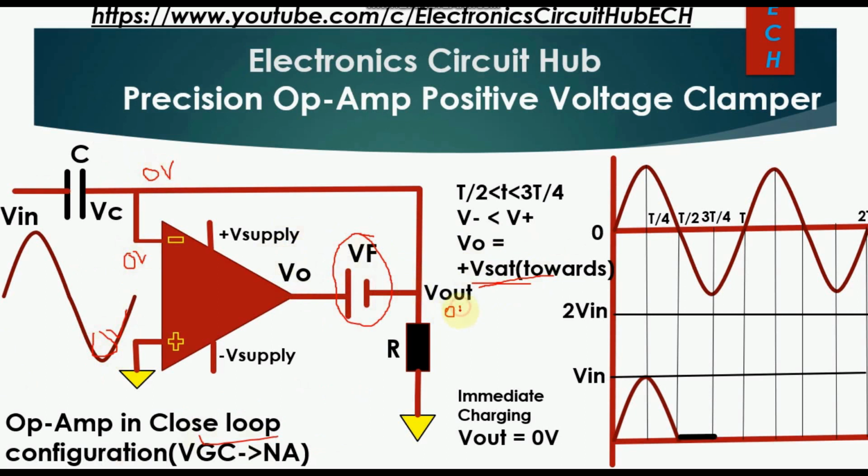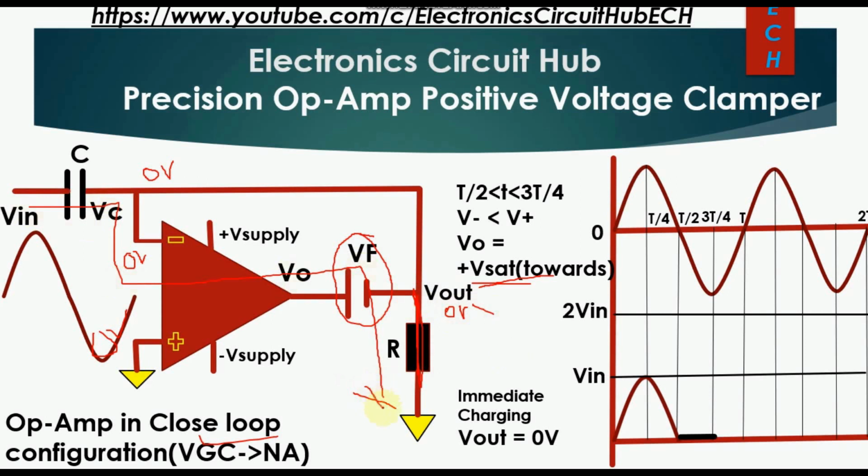So now because of the high charging time constant in the positive half cycle, this capacitor was not getting charged for this time. Since this is zero potential, this is ground, this is also ground, this resistor behaves like a short circuit. Your capacitor will now get the charging path through this.